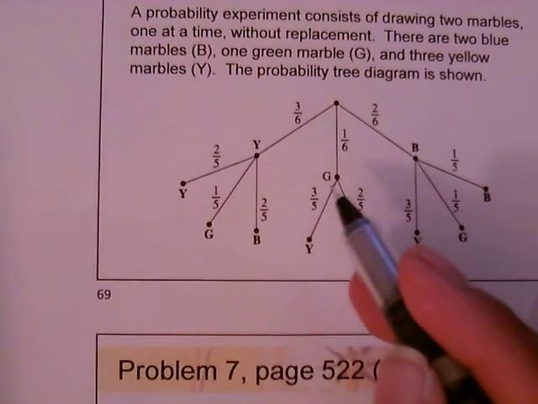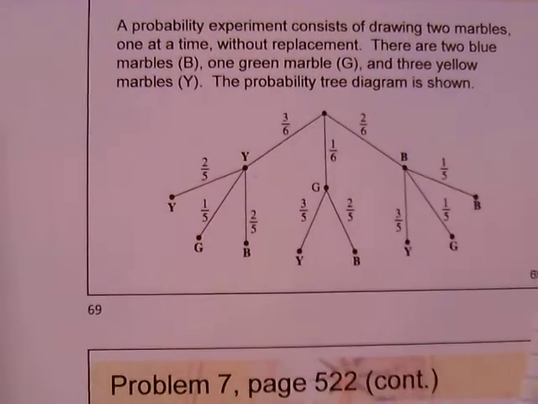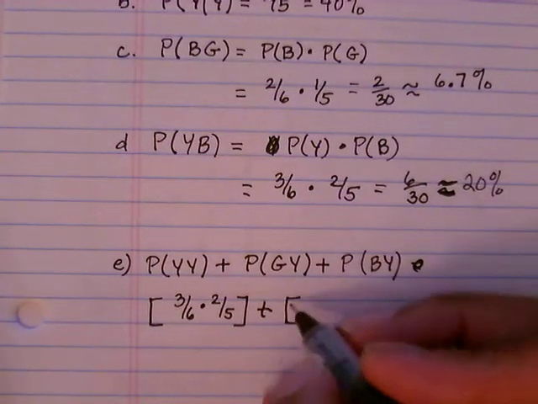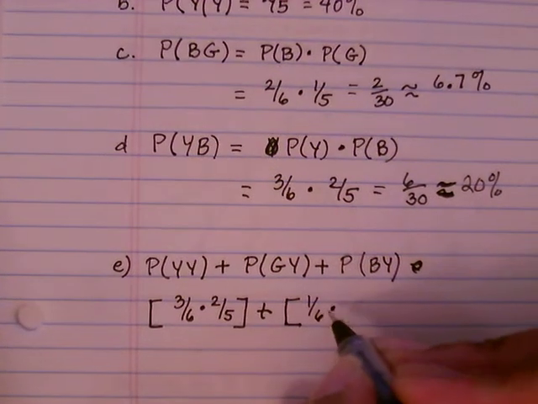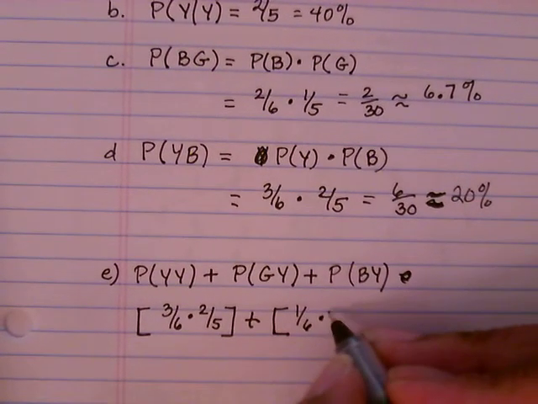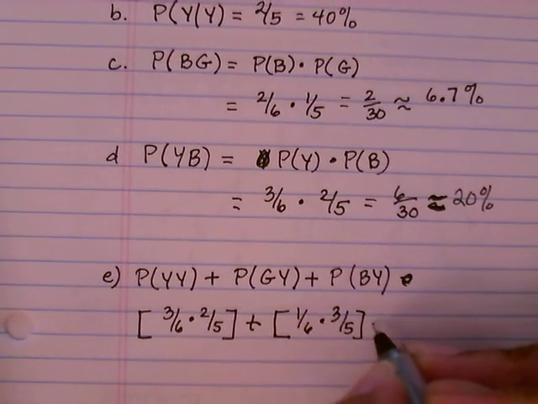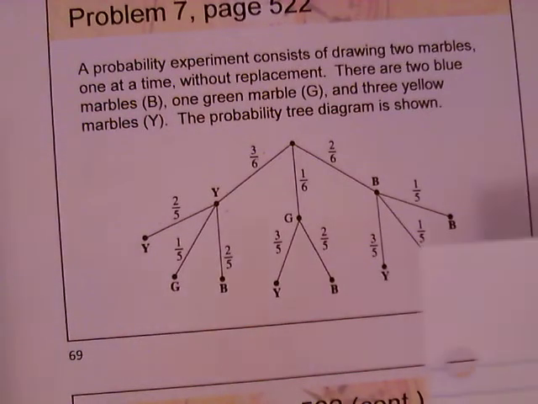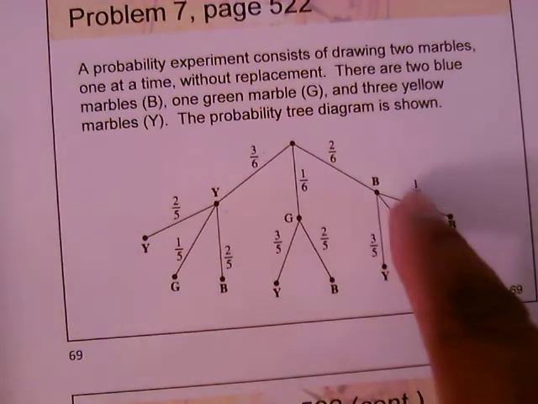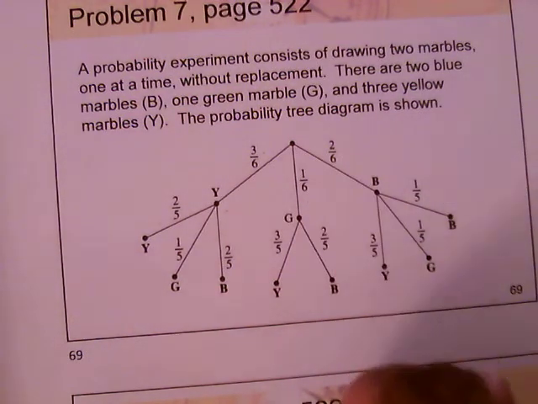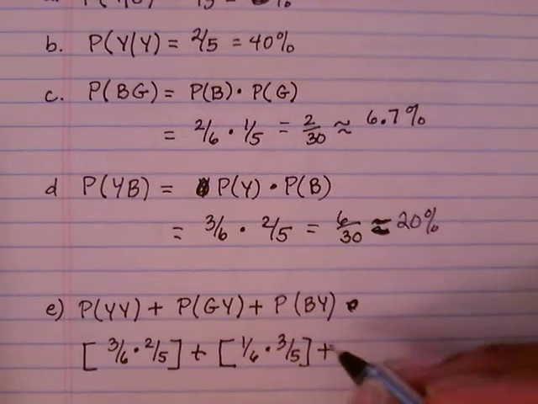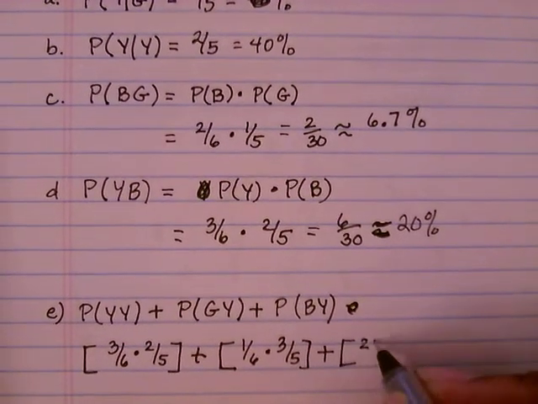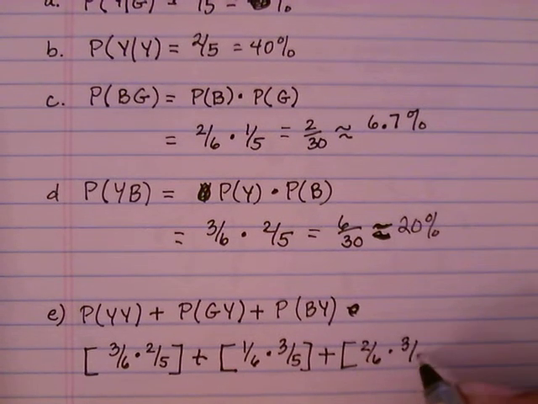That's 1/6 times 3/5. Plus the probability of getting a blue and a yellow marble. Here's a blue and then there's yellow. 2/6 times 3/5. Okay.